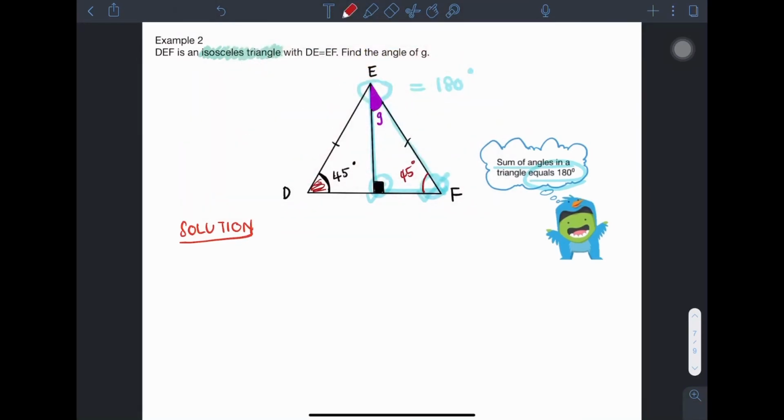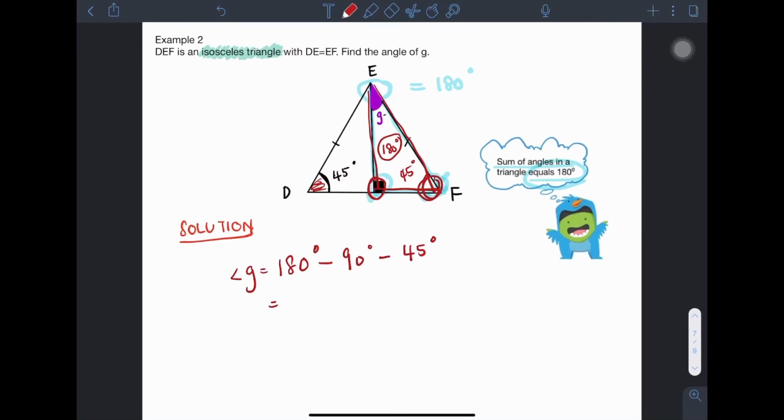Angle of G is equal to 180 degrees minus 90 degrees minus 45 degrees. 180, because this small triangle is 180 degrees, this angle is 90, this angle is 45.